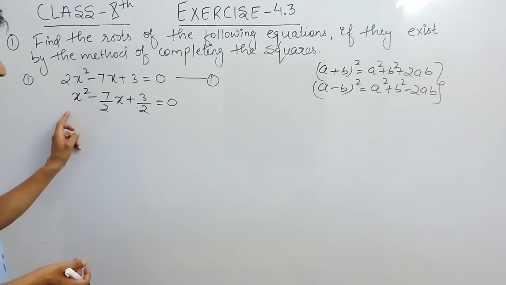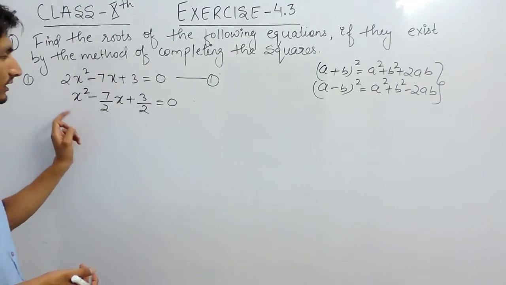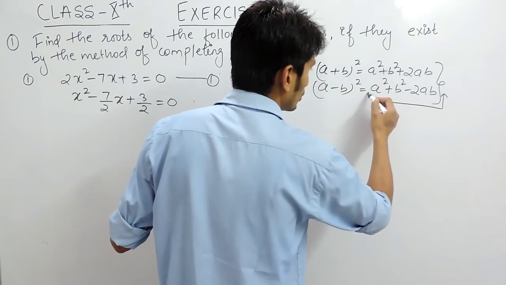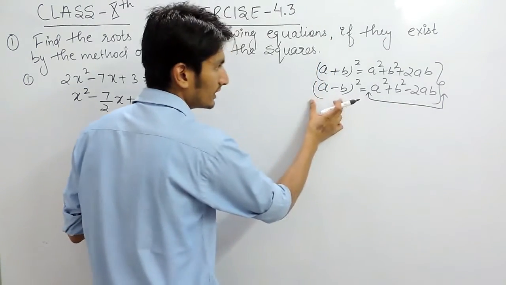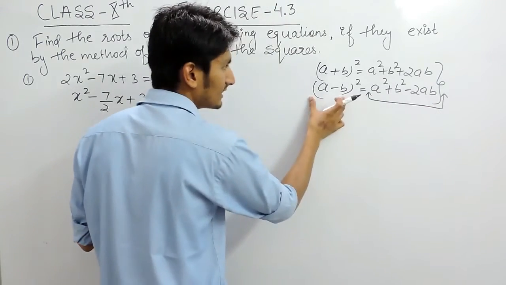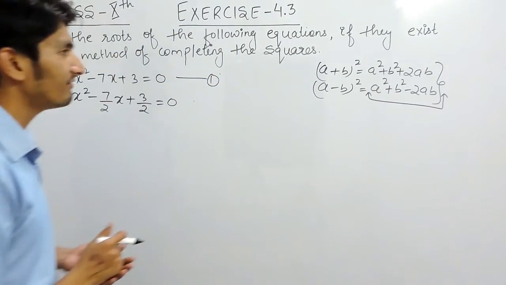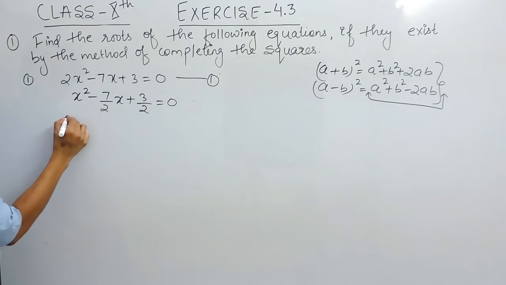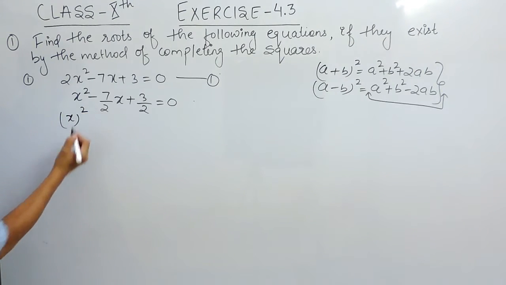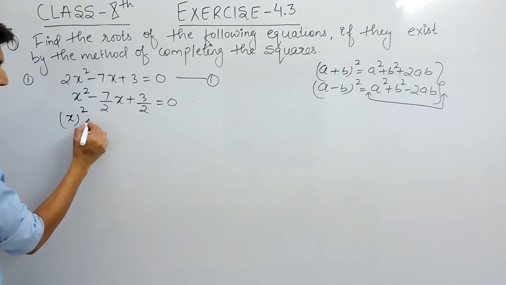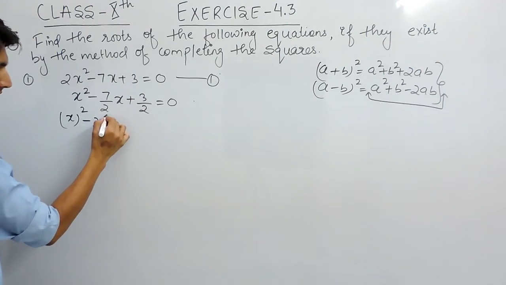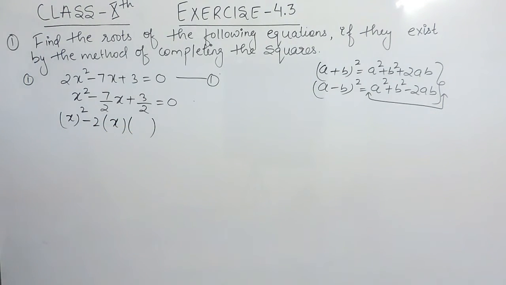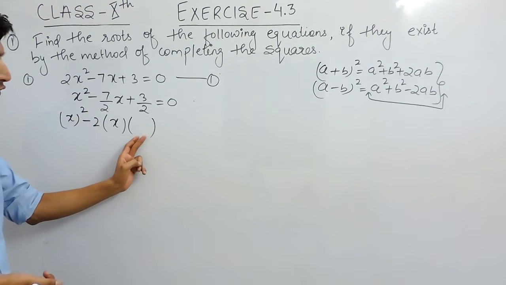Now we have to convert this given expression into this form, so that in place of this we can write this, and after that we can easily factorize the equation. Now I have a square, then minus 2 into a into b.